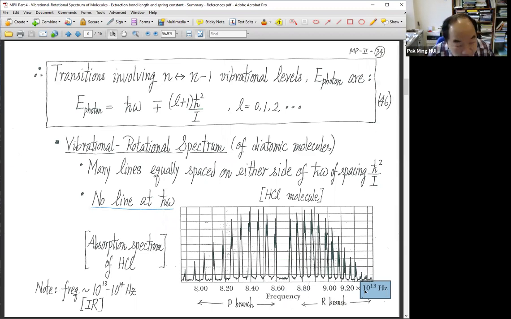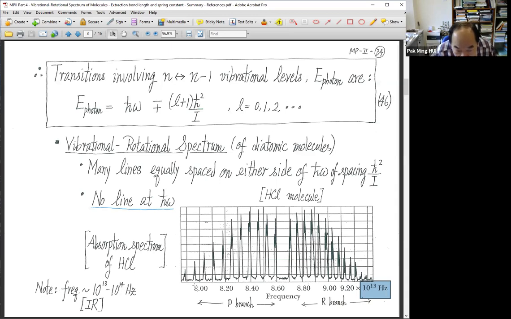So 10 to the 14 to 10 to the 15 is what our eyes can see, visible. So it is lower than what we can see. So it is infrared, okay? Now, infrared, then you come to your mind that it must be related to vibration. Yes, that has to do with delta N transition, so vibrational spectrum.